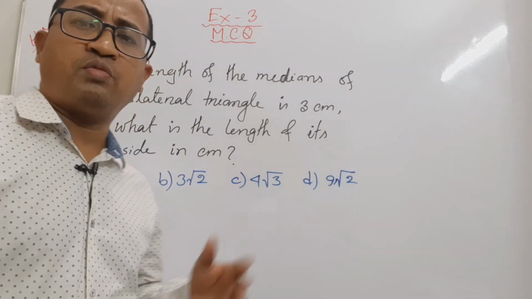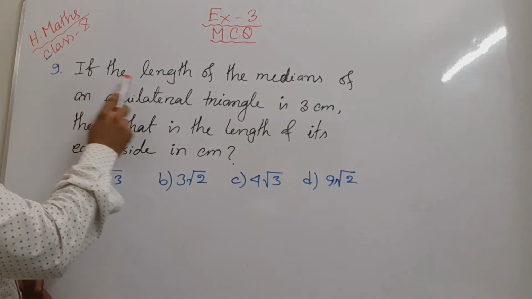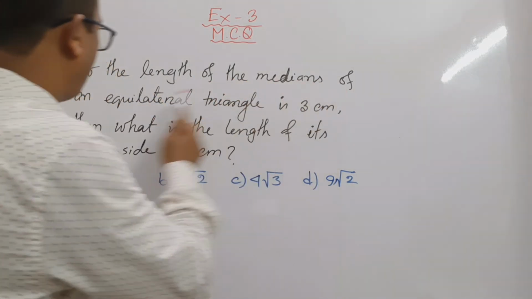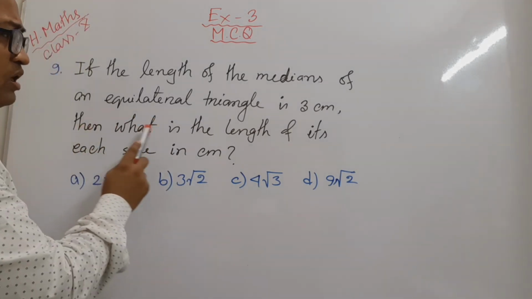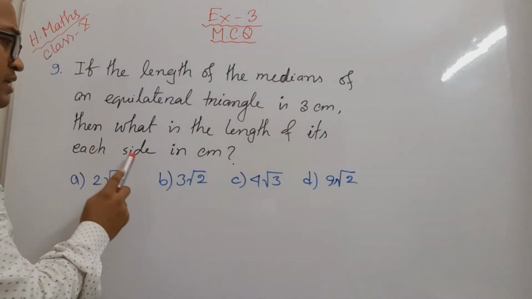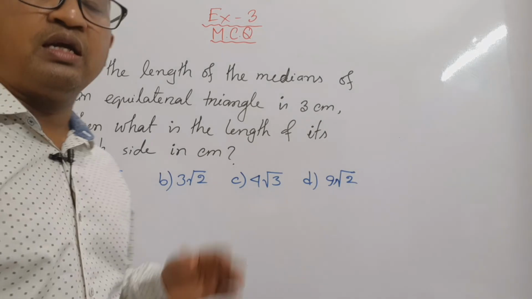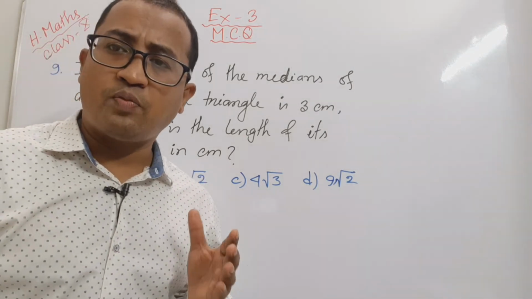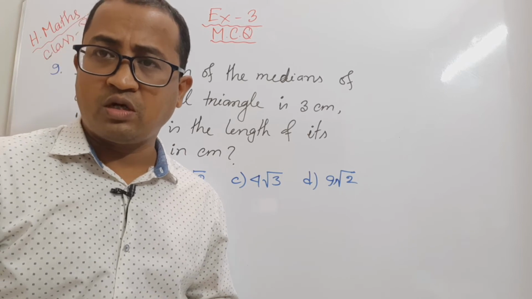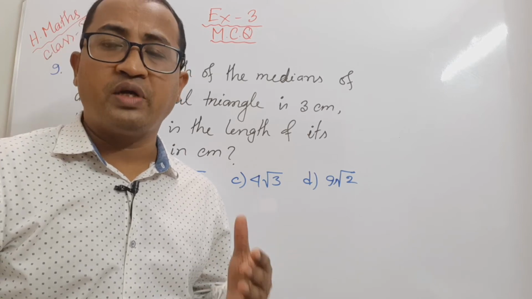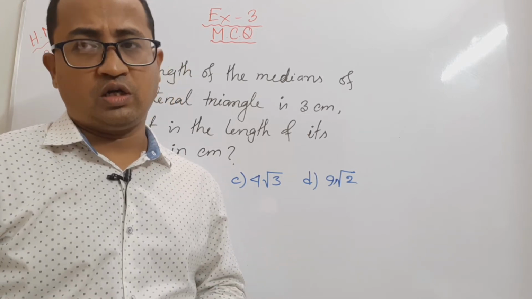Now question number 9. Look, if the length of the median of an equilateral triangle is 3 cm, then what is the length of its each side in centimeter? It is given the length of a median of an equilateral triangle is 3 cm. We will find out the length of each side of the equilateral triangle.